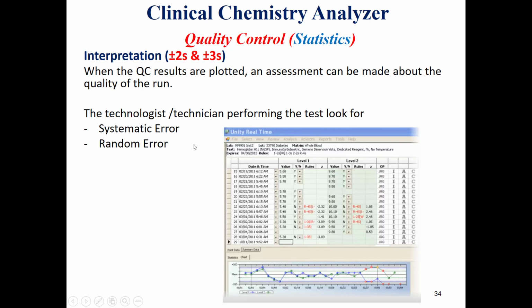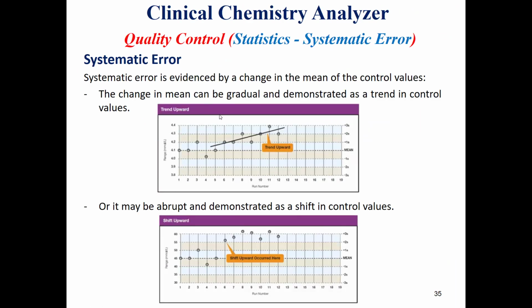Whereas in the case of the modular clinical chemistry analyzer platform, the decision of whether this is a systematic error or random error, and the reason behind it, should be made using artificial intelligence, and we will talk about this in the last slides.